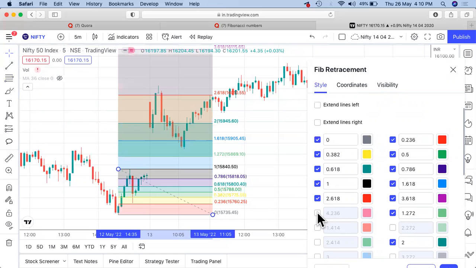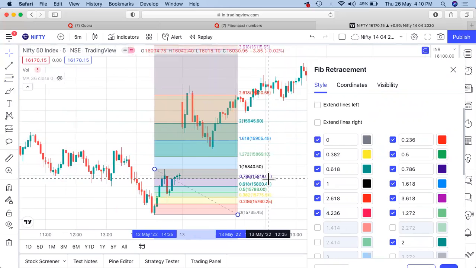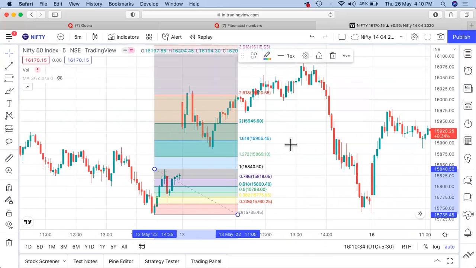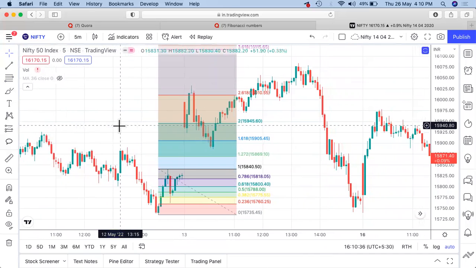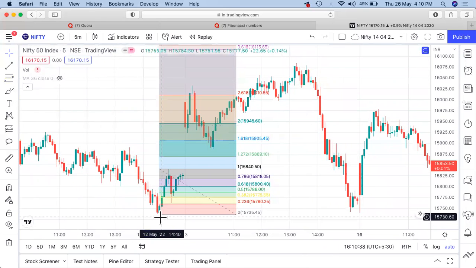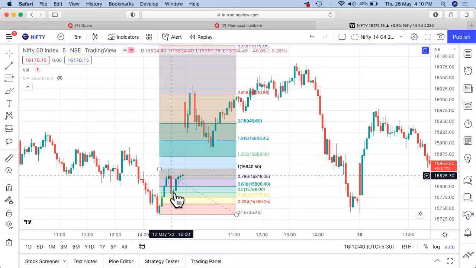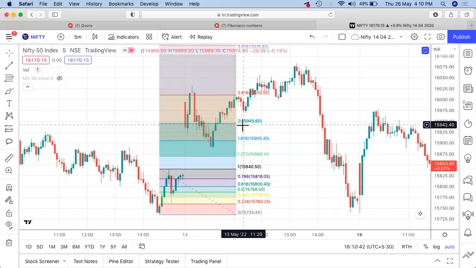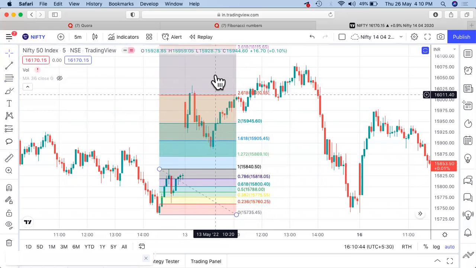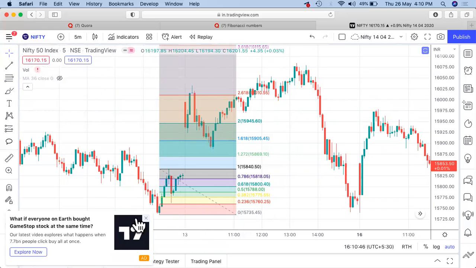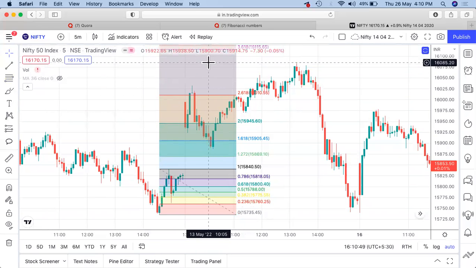I'll draw 4.236 also if required. So these are various extensions. And then we come to those parts. So whenever I need to draw small Fibonacci's, on the basis of that, I'll be able to get the targets, right? So here it has gone somewhere around 2.618, right?